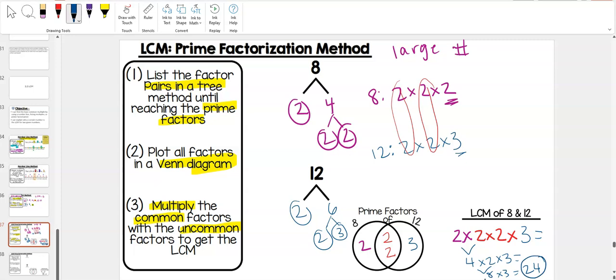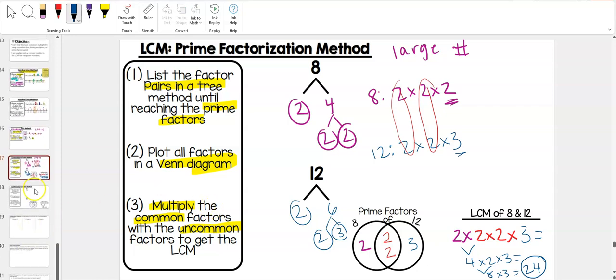So the LCM of 8 and 12 is 24. And that's how you do it with prime factorization. So the difference between LCM and GCF for prime factorization is GCF is just in the middle here, and LCM is all of the numbers in the Venn diagram.